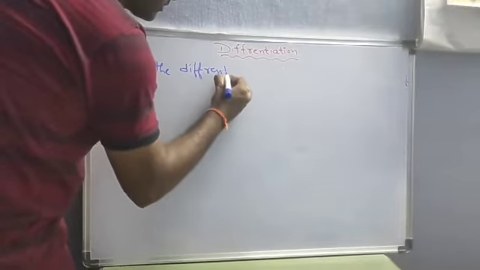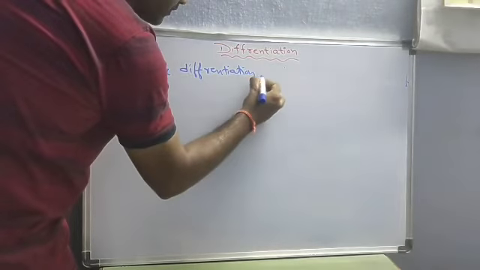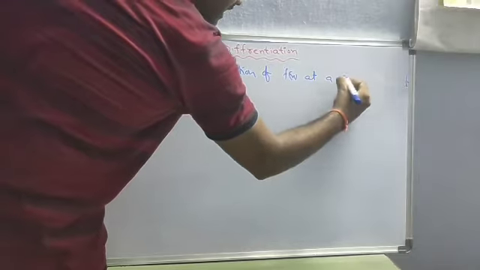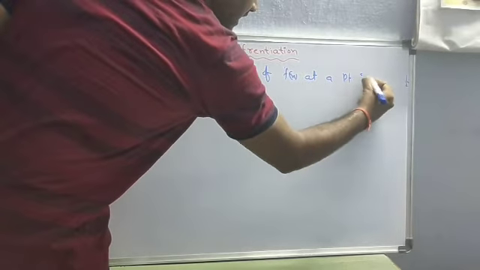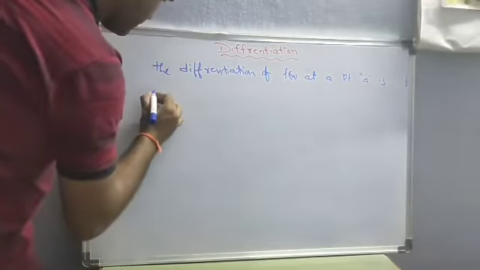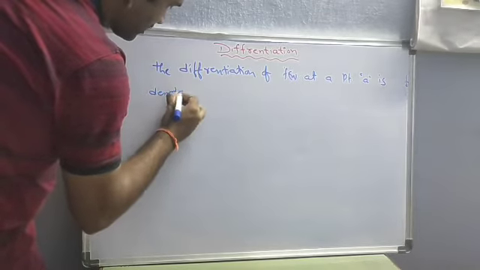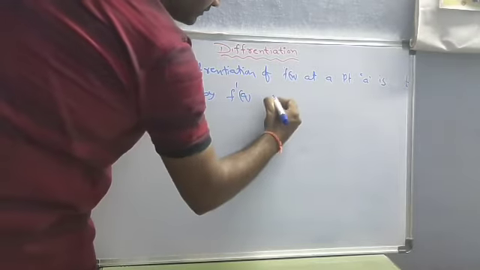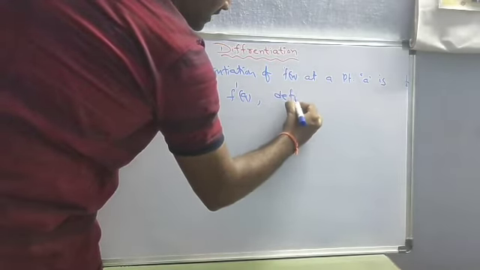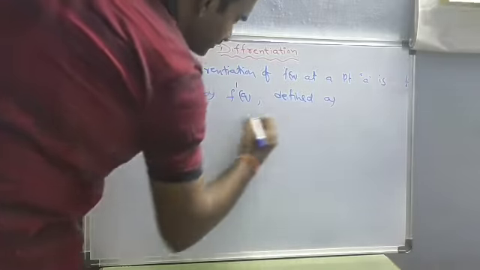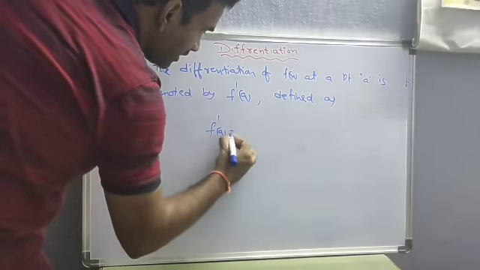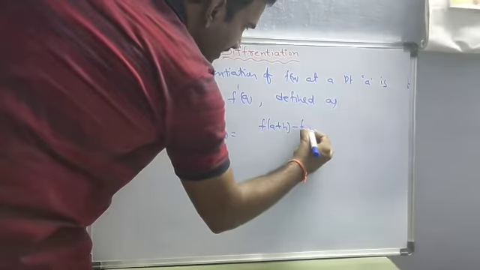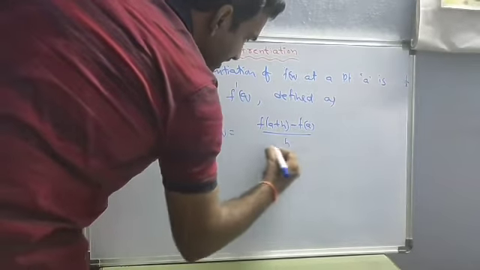The differentiation of f of x at a point A is denoted by f dash of A, defined as f dash of A equal to limit h tends to 0, f of A plus h minus f of A, divided by h.